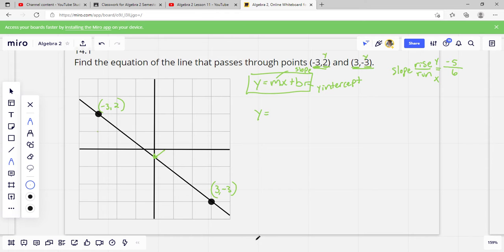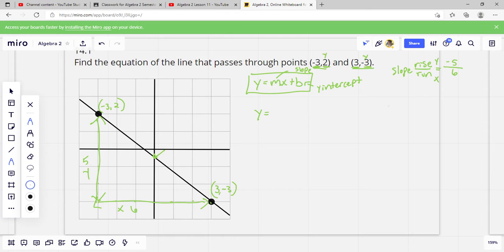So now I can see that it's -5 over 6, right? If I went down 1, 2, 3, 4, 5, and over 1, 2, 3, 4, 5, 6. Okay. My over is 6. Right here, this is my x change. And then my y change, how far did I go up and down, was 5.